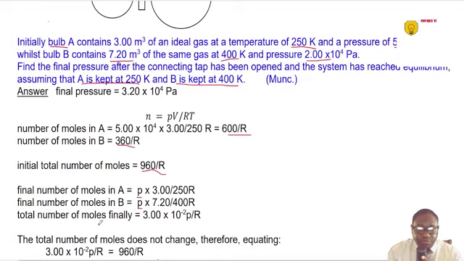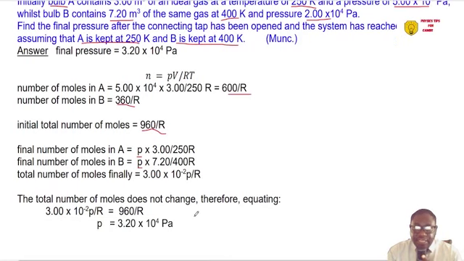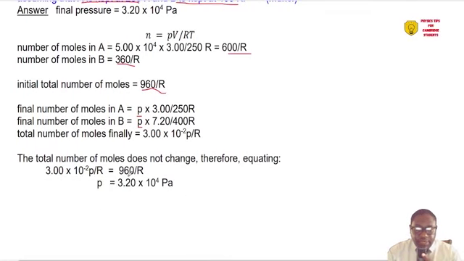So the total final number of moles will be those in A plus those in B, which will give 3.00 times 10 to the power of minus 2 P over R. Remember, we said the number of moles does not change, so we have that P over R is equal to the initial number of moles, 960 over R. Then we make P the subject of the formula. That comes to be 3.2 times 10 to the power of 4 pascals.